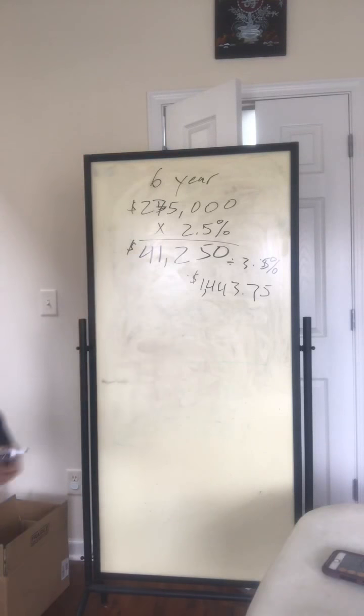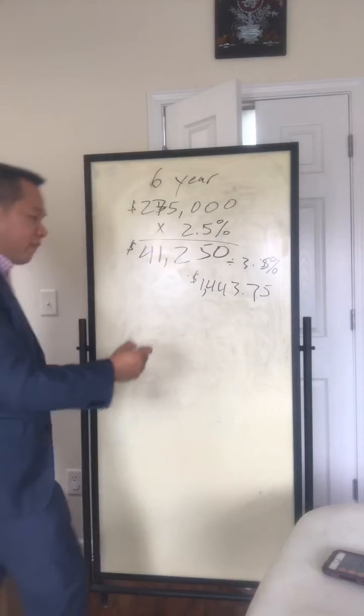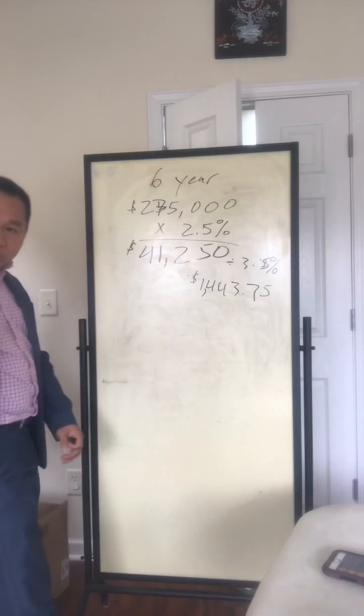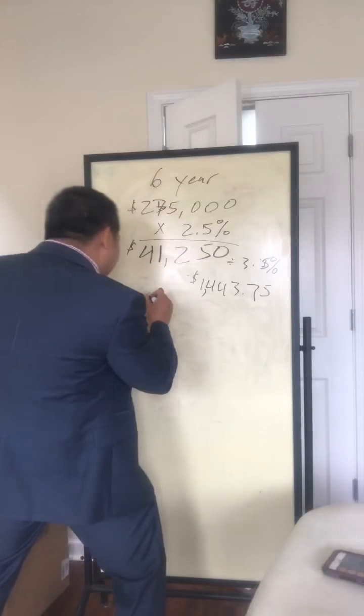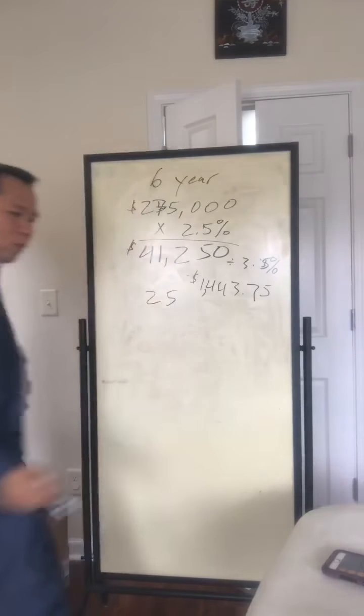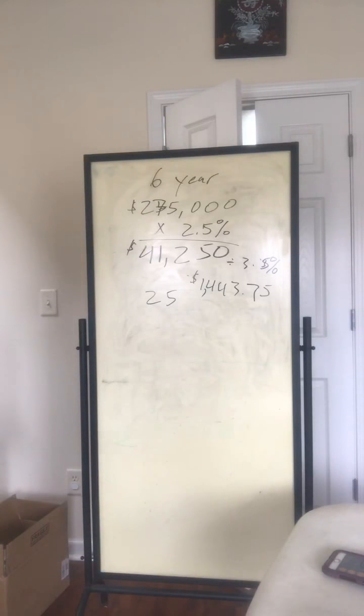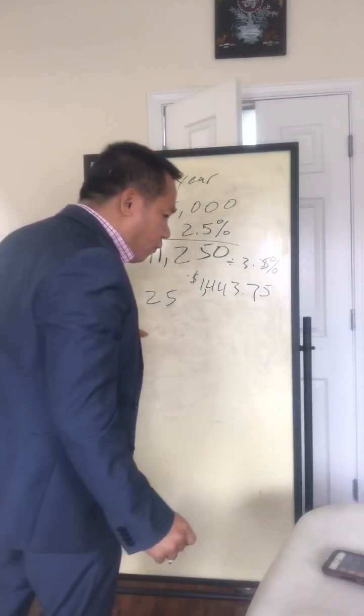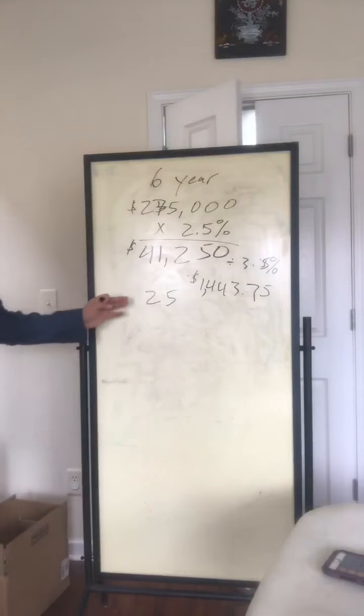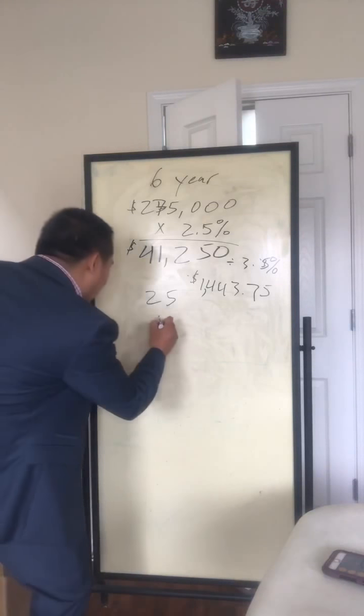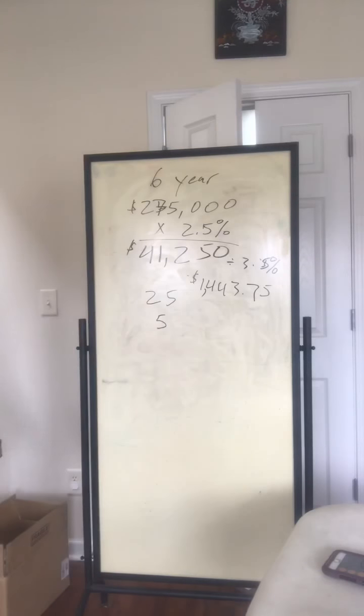But let's do this. If you can refer only 25 agents in 5 years on your level 1, that's five a year. Within 5 years, you have 25. Each of them, instead of 5 a year, should do 1 a year, so they only do 5 agents in 5 years.